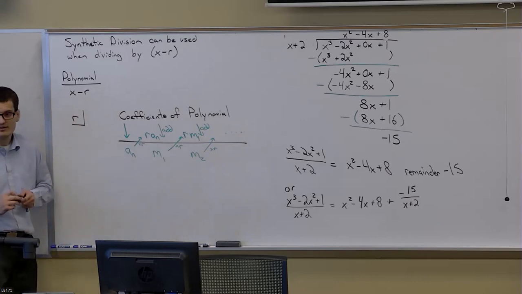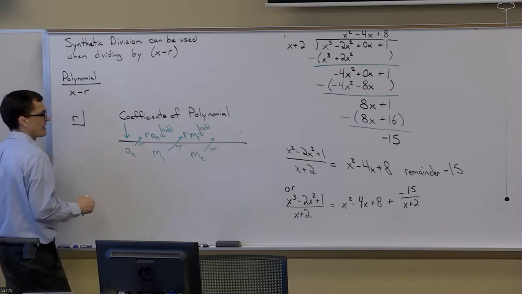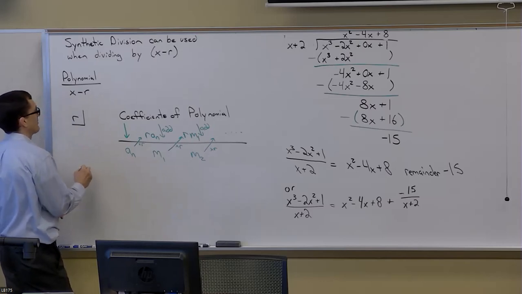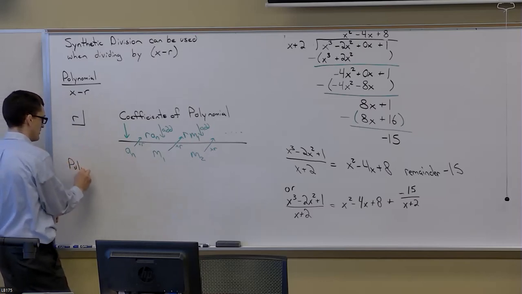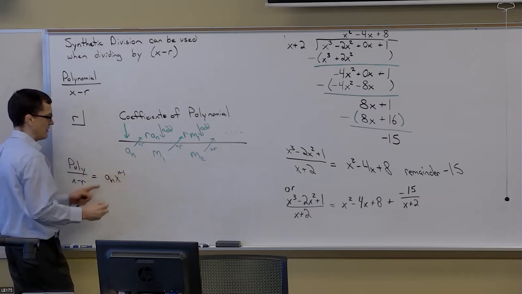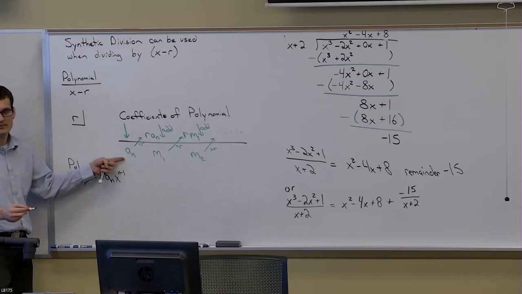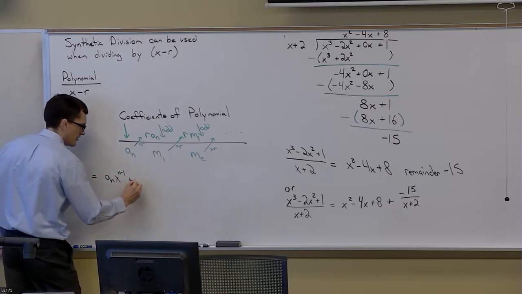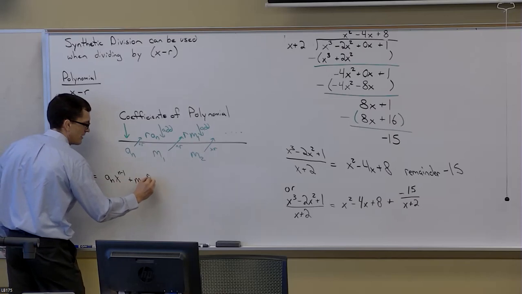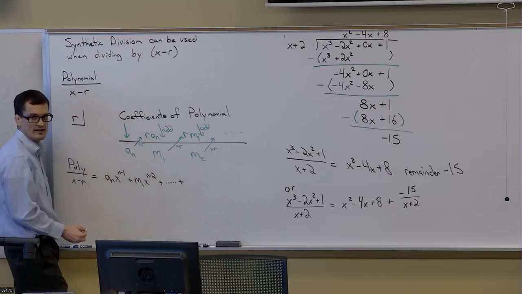What you're going to get is that your polynomial divided by x minus r is actually a n times x to the n minus 1. That always happens. You lose a degree. Okay, follow that. Plus m1 x to the n minus 2 plus, and you just keep going on and on till you get to the end with remainder.